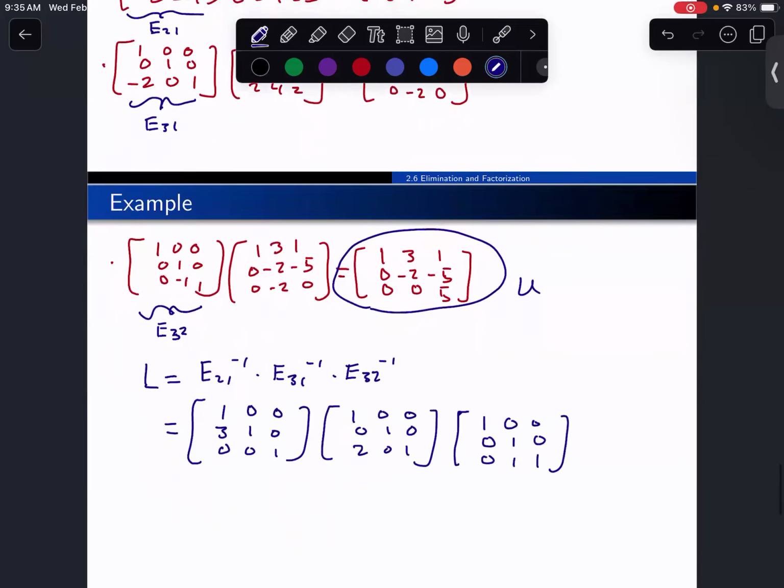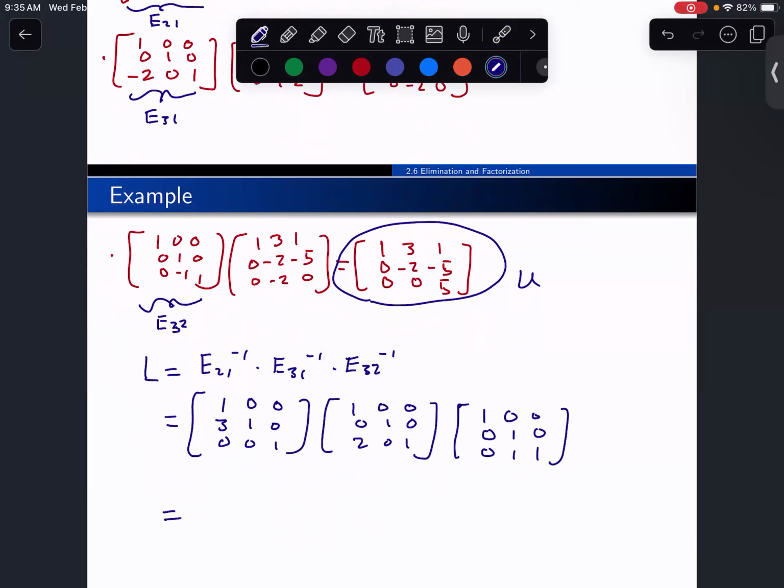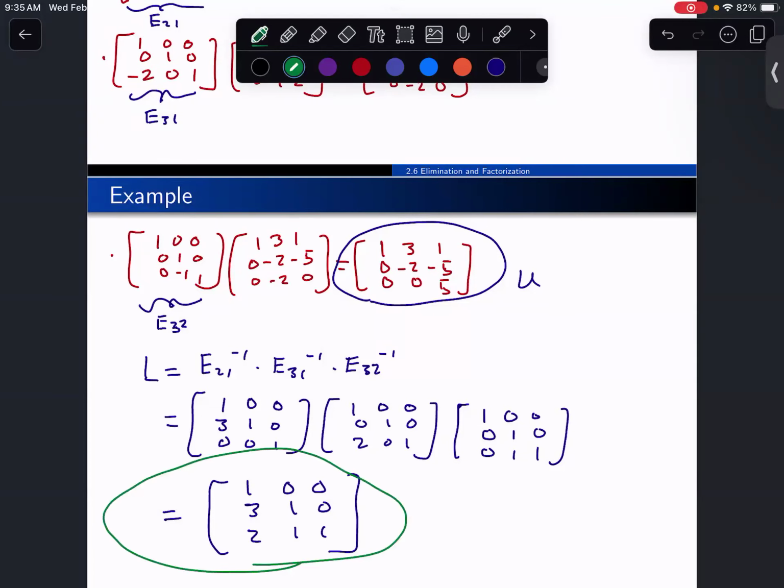And if you were to multiply these matrices together, you would end up getting the following. So it's going to be a lower triangular matrix of the following form. So this is what your L is going to end up being.